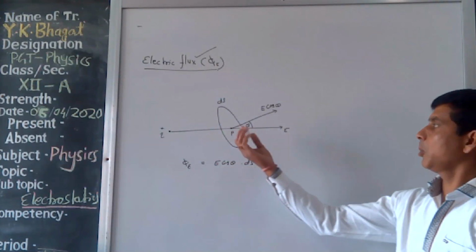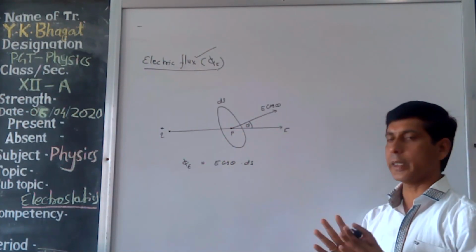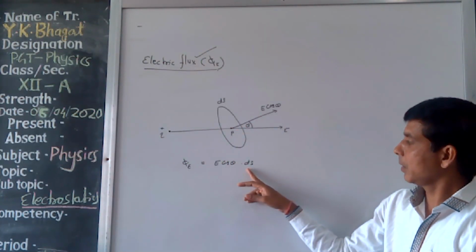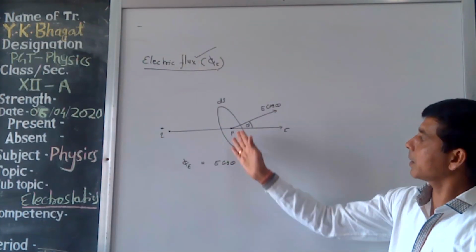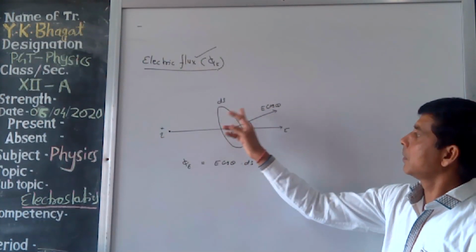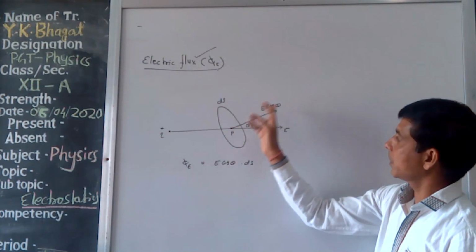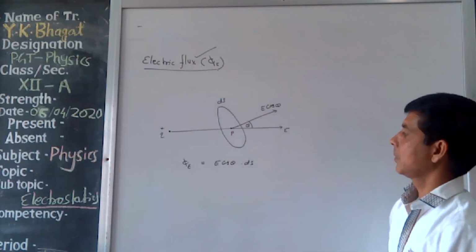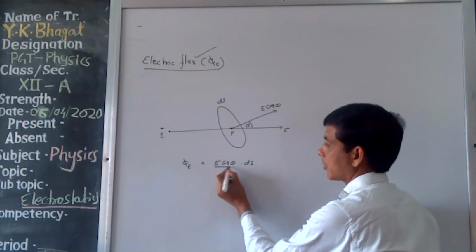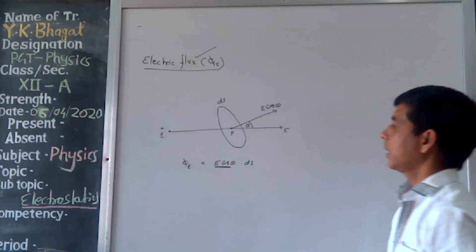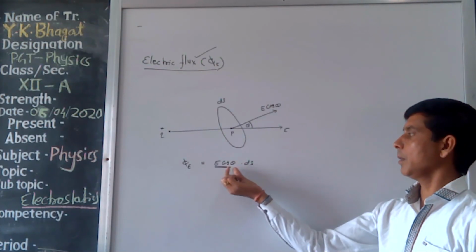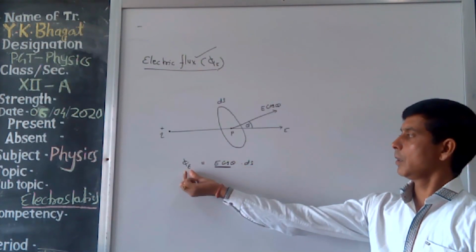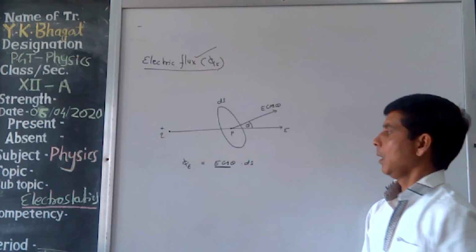Because the lines of force pass normally through the given area, so we multiply by dS and take the normal component of electric intensity. So this one is perpendicular to this, meaning E cos theta, the normal component of electric field intensity, and the given area. The product of E cos theta into dS is defined as phi.